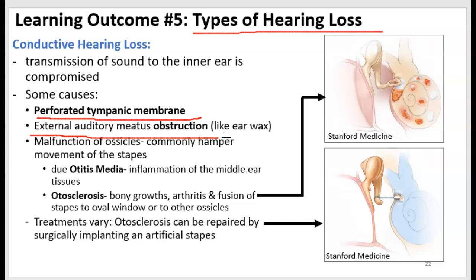More commonly, conductive hearing loss happens due to malfunction of the auditory ossicles. When there's a middle ear infection called otitis media, you get inflammation in the middle ear, and when you get inflammation, there's fluid in there, and so the auditory ossicles aren't going to move as well. You'll probably still hear, but it'll be muffled.